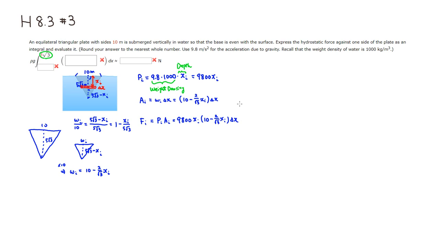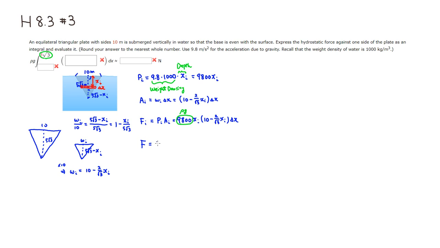Alright, so once you find the hydrostatic force on one piece, we can use the integral to add them up, right? So if you want to find the total force, you can see that this part is actually rho g in the integral here.